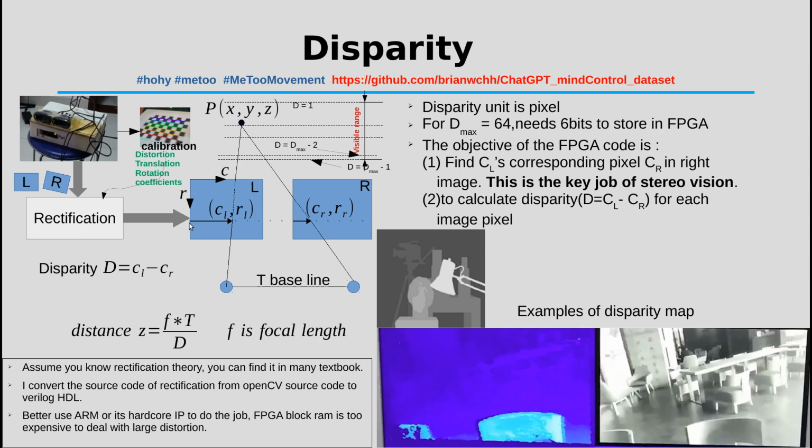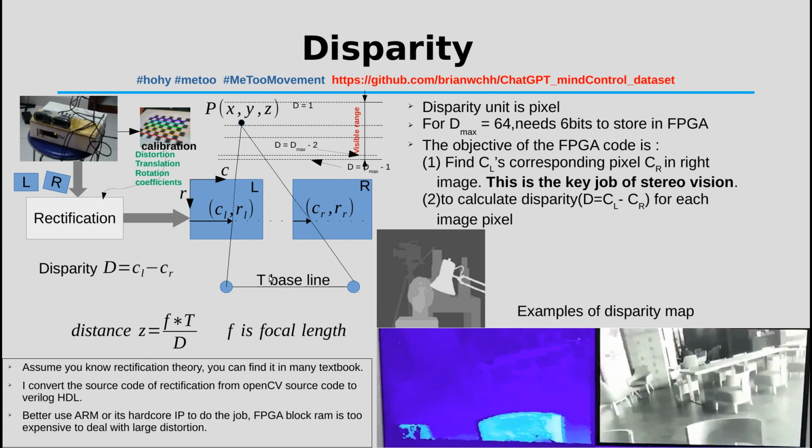That means when we search for the corresponding point in the right image, we only have to search along the same horizontal line, and we don't have to search all the pixels in the right image. That would be horrible because the computation would be very large. So that's the good thing about rectification: you can narrow the search down to just one line instead of the whole image.